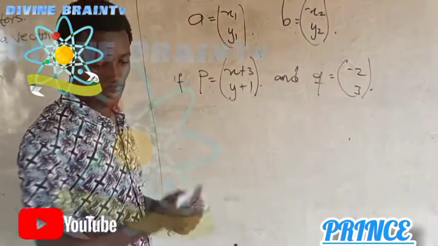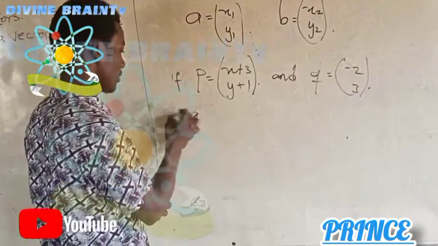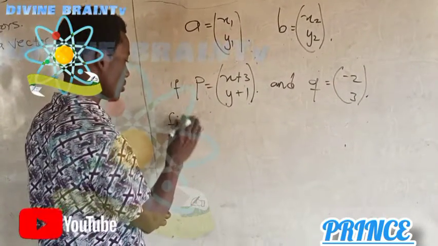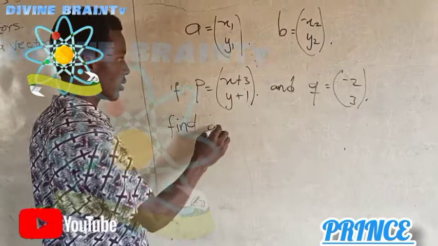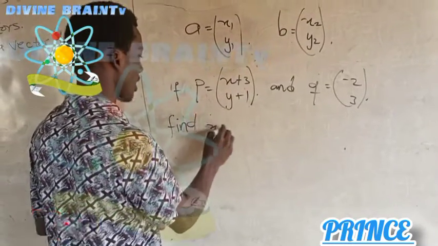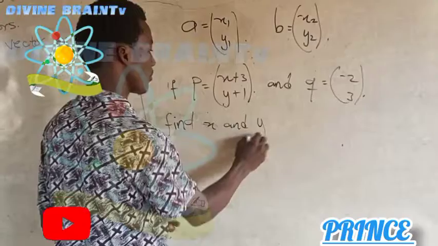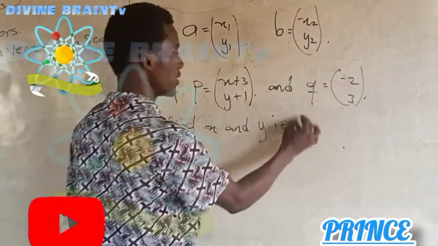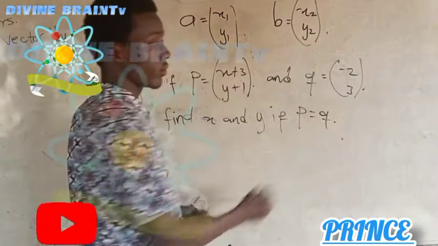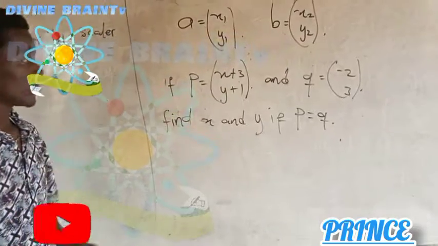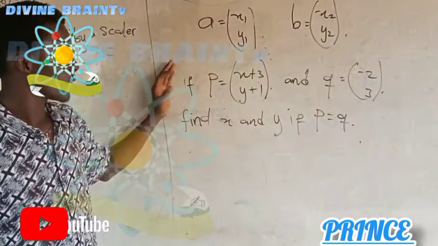Then we are asked to find x and y if P is equal to Q. So this is the whole of the question.